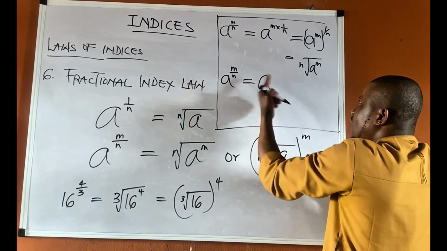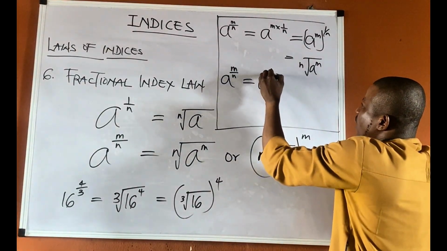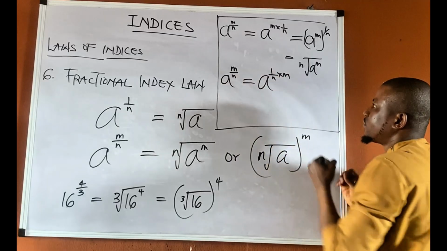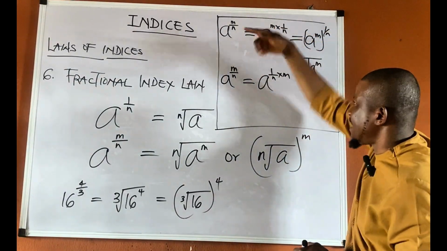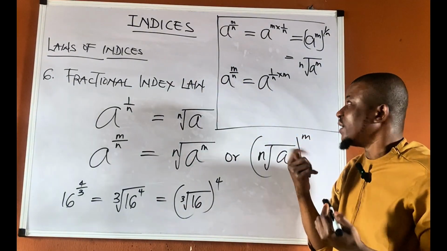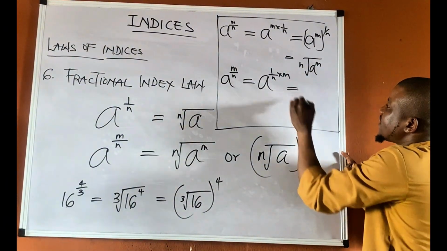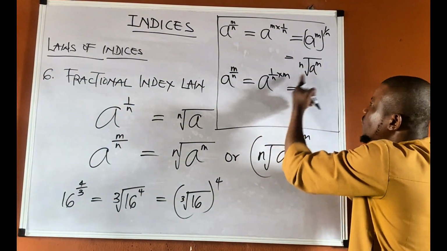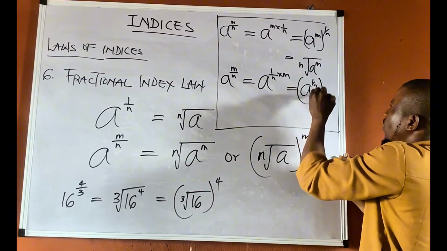Right, now let's also look at another instance where we have m over n as a power. Now, multiplication is commutative, right? So I can actually write 1 over n times m. It's commutative in the sense that I can say this times this or this times this. They will still return back to m over n. If that is true, which it is, we can say, still following the power law of indices, a to power 1 over n, all to power m.